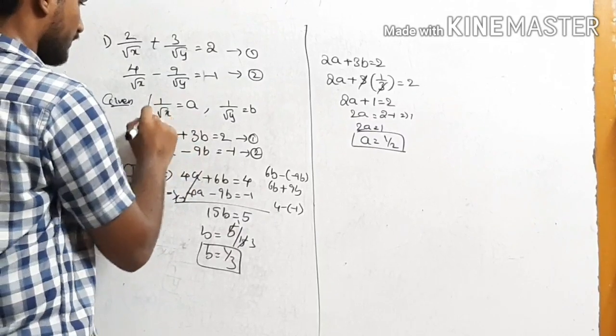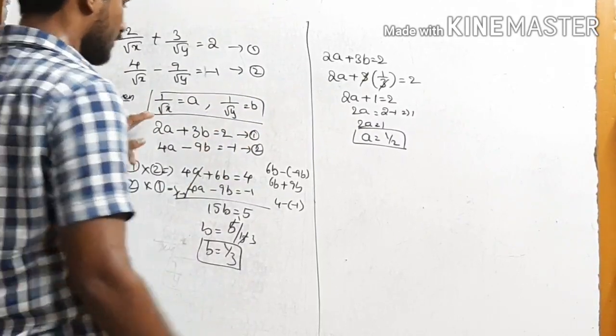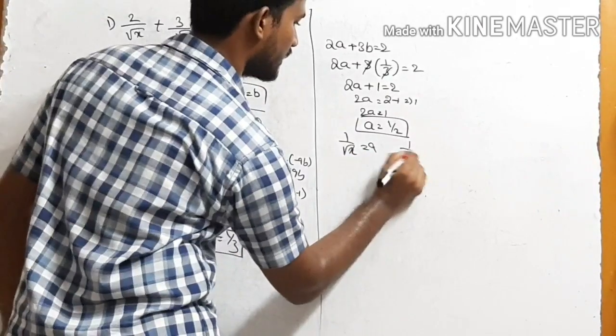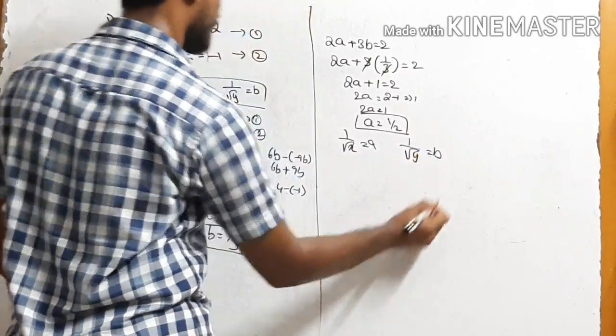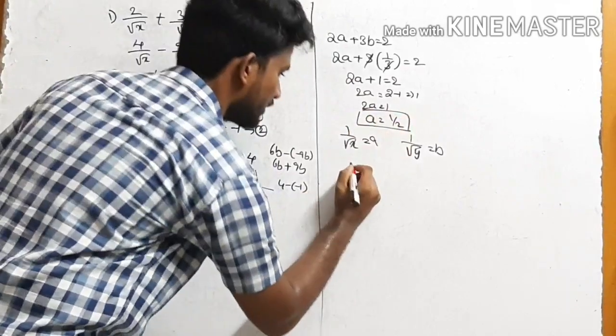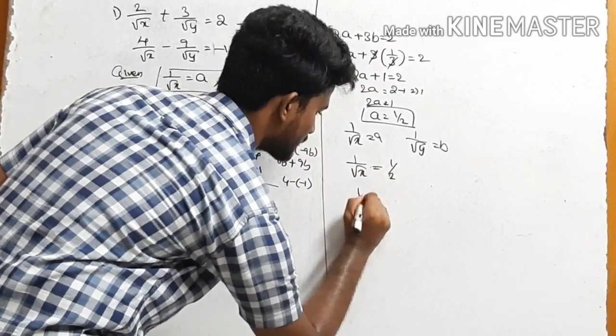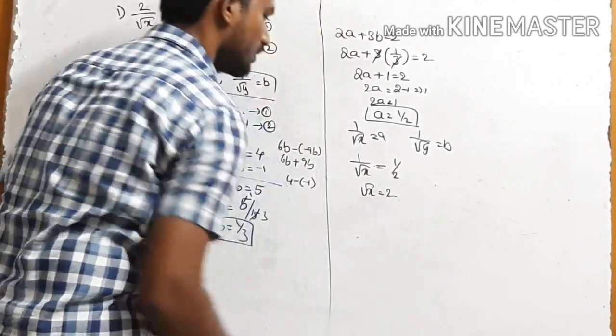Substitute this one. 1 by root x equals a and 1 by root y equals b. We know the a value is 1 by 2, so 1 by root x equals 1 by 2. By cross multiplication, root x equals 2.